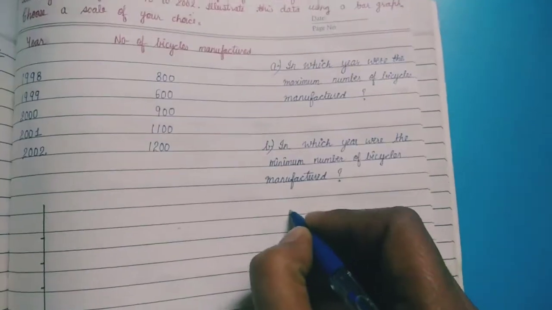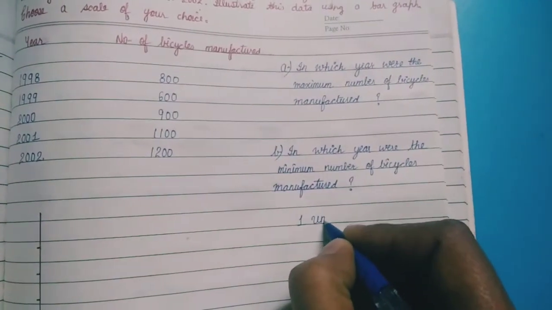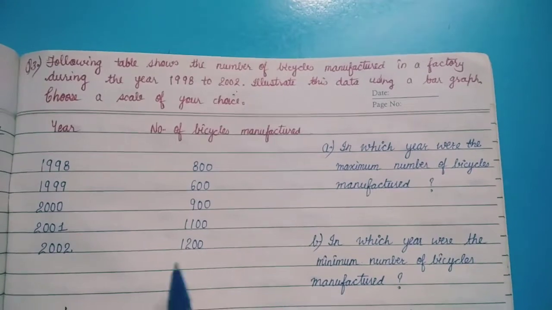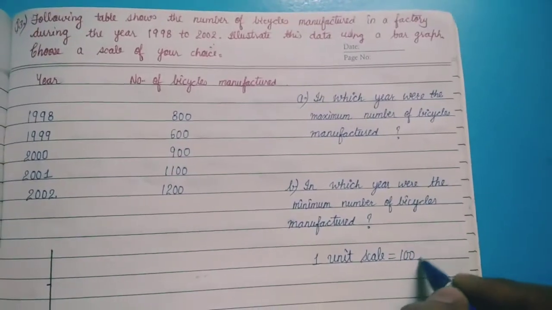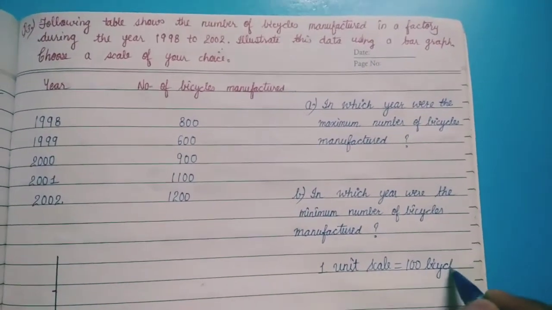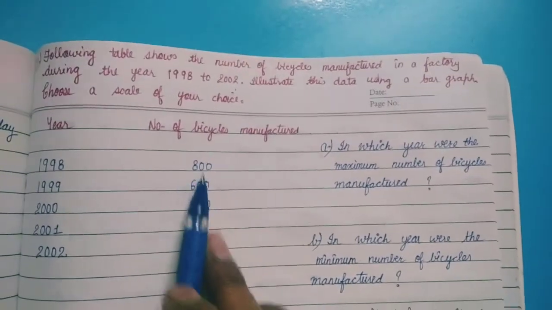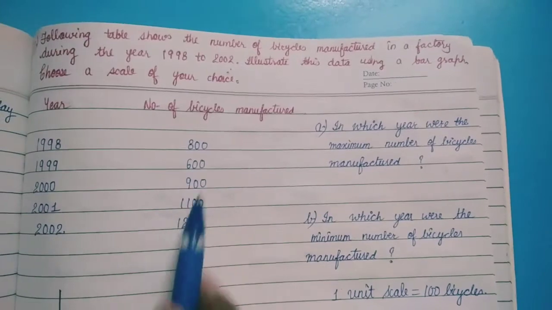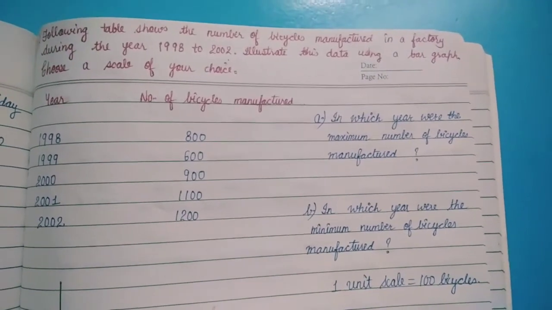You can simply see, first of all we need to choose its scale. So here 1 unit scale we will choose as 100 bicycles. Why? You can simply see 800, 600, 900, 1100, 1200, they all are multiples of 100.